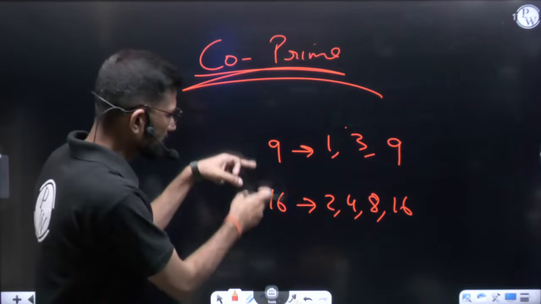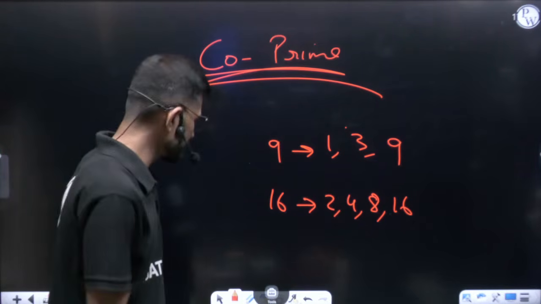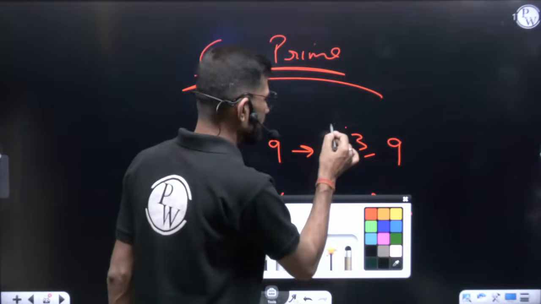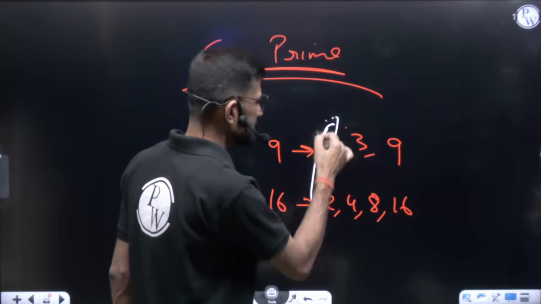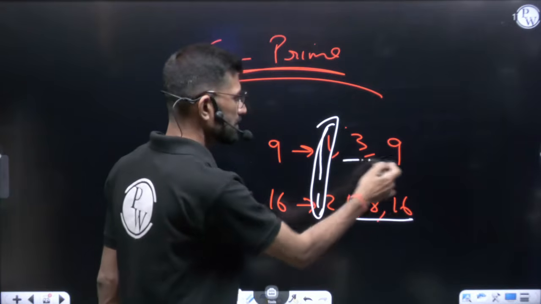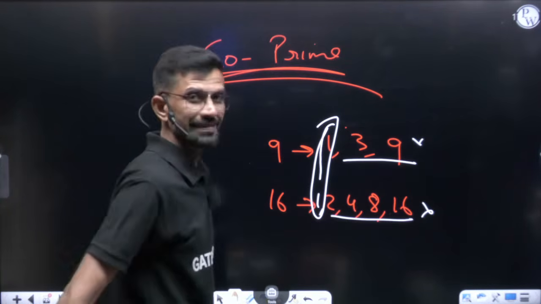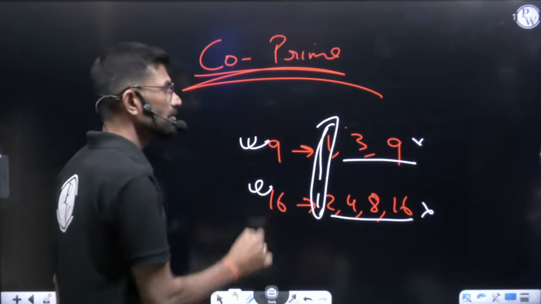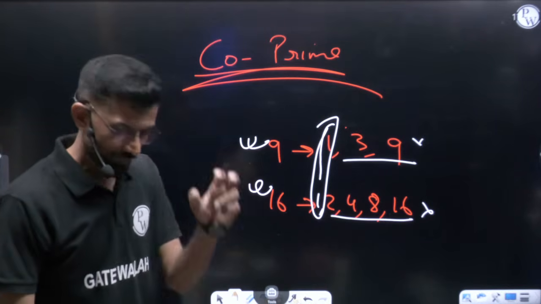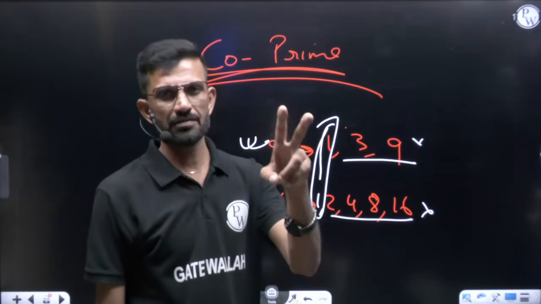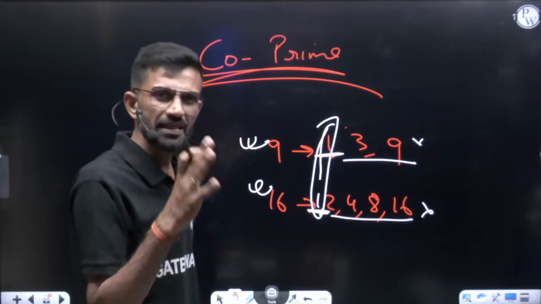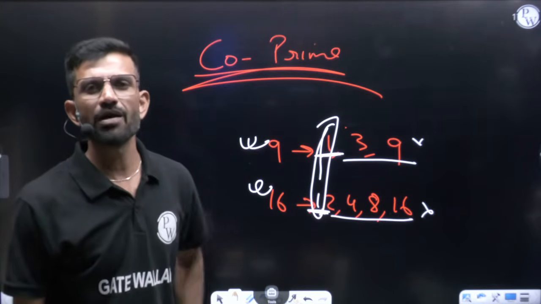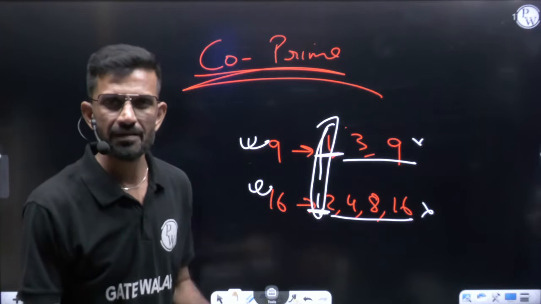Now when we compare these two numbers and their factors, there is only one factor common, that is 1. No other factors are common. Then these two will be called co-prime numbers. Once again, any two numbers whose common factor is only 1, no other factors are common, will be called co-prime numbers. Clear?